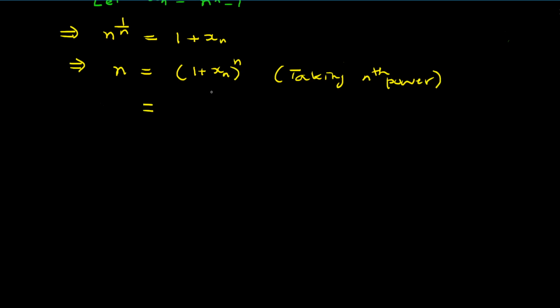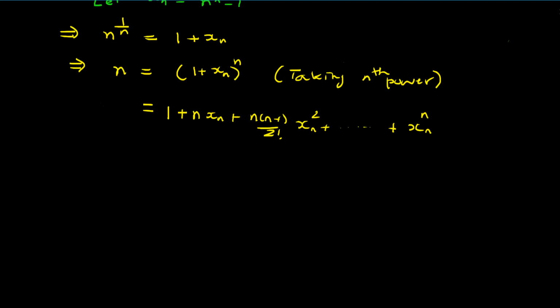You know what is it? nc0 a raised to n plus nc1 a raised to n minus 1 into b, and so on up to ncn b raised to n. So the first term will be 1, then nc1, that is n, into xn, plus nc2, that is n into n minus 1 by 2 factorial xn square, and so on. And finally ncn, which is 1 into xn raised to n. So we get this thing.